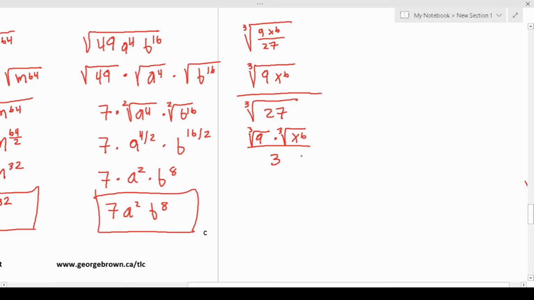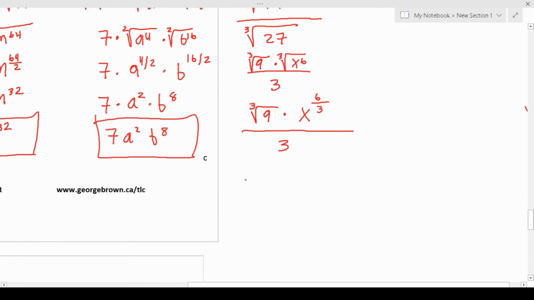So what we have to do is instead focus on what we have over here. So I'm not going to touch this cube root of 9. We're going to leave that as is. But that said, and again, we know the denominator is 3, I'm going to rewrite the cube root of x to the 6th as an exponent, since I know that this will reduce. And this becomes x, again, power goes in our numerator, index goes in our denominator.